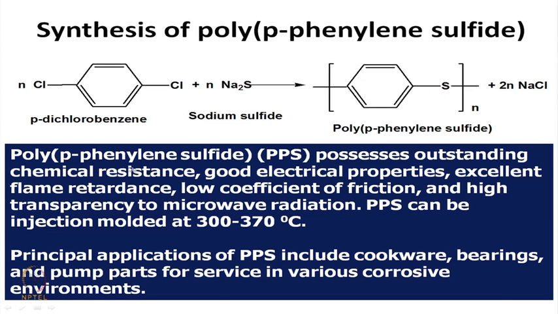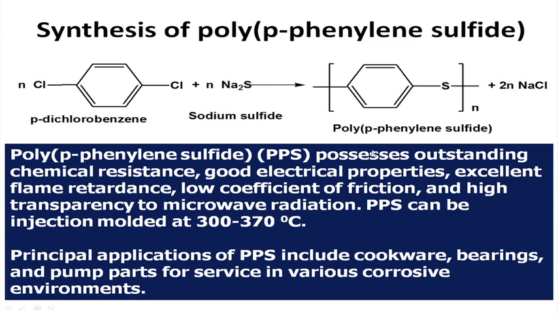This polyphenylene sulphide, PPS, possesses outstanding chemical resistance. Although sulphur is present over here, it is resistant to very corrosive, reactive chemicals. So, it is resistant to chemicals and shows good electrical properties, excellent flame retardancy characteristics, low coefficient of friction, and high transparency to microwave radiation.